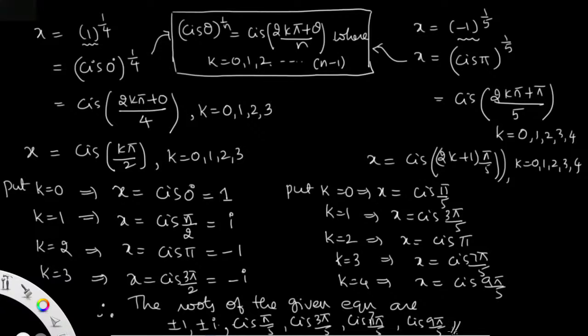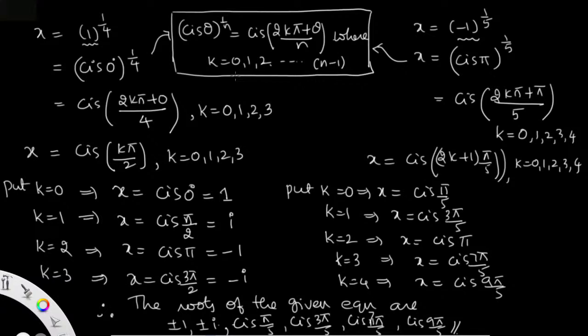So these are the roots of the equation. That is, the fourth roots of unity and the fifth roots of minus 1. Using this basic formula we can write all the roots of these equations.